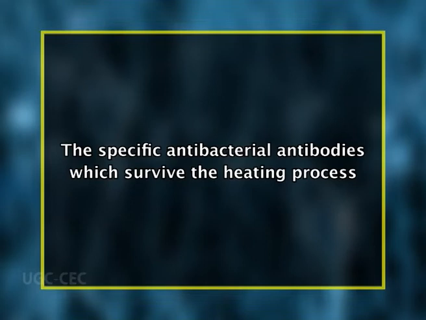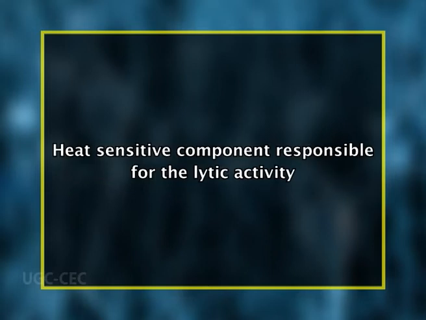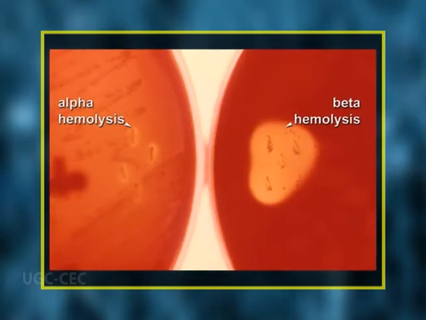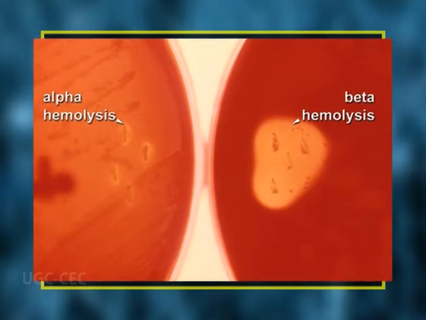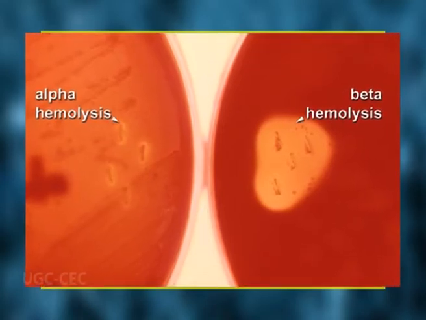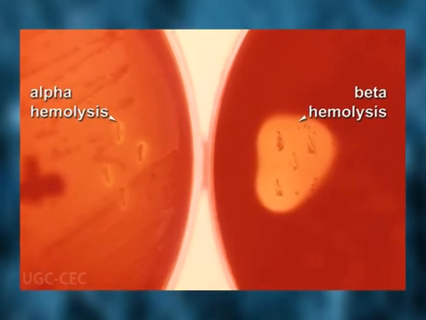Bordet correctly reasoned that the bacteriolytic activity requires two different substances. First, the specific antibacterial antibodies which survive the heating process, and second, a heat sensitive component responsible for the lytic activity. Bordet devised a simple test for the lytic activity, the easily detected lysis of antibody coated red blood cells called hemolysis.